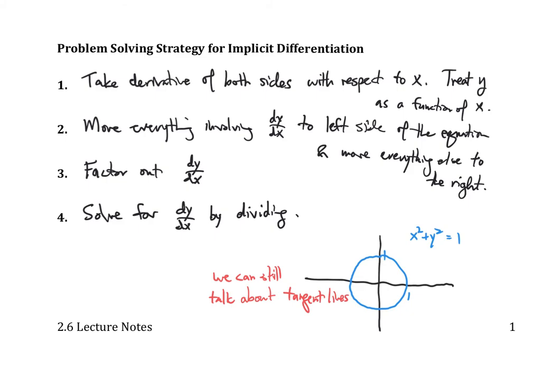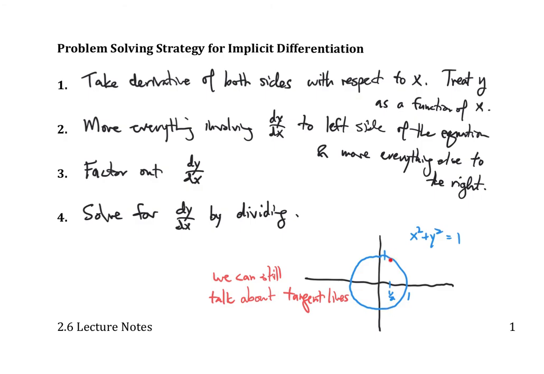If I said, what's the tangent line to the curve at x equals 1/2, maybe I should label that right here, 1/2 over here. Well, the issue is because this is not a function, because it fails the vertical line test, I don't know if you mean the point here, or I don't know if you mean the point here.